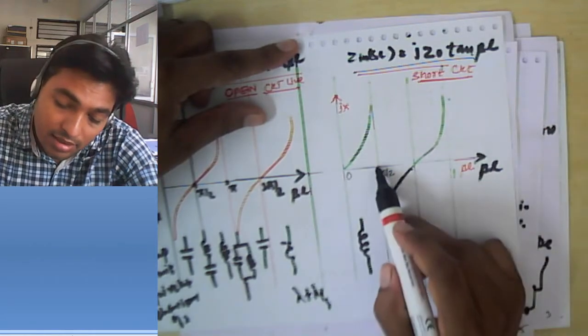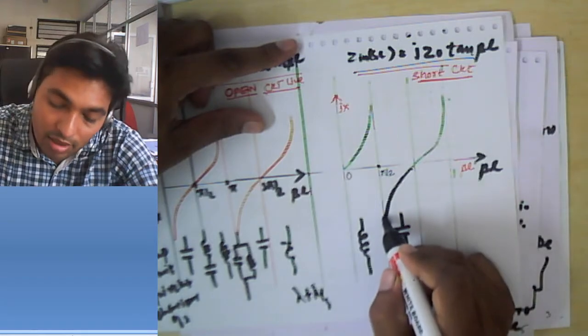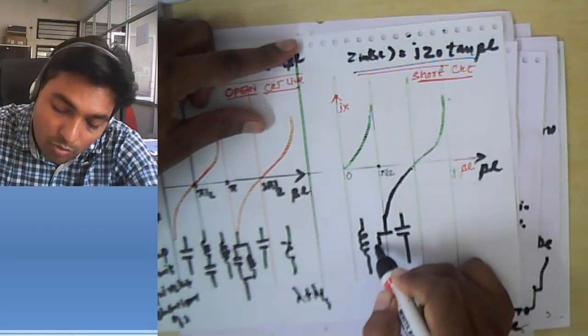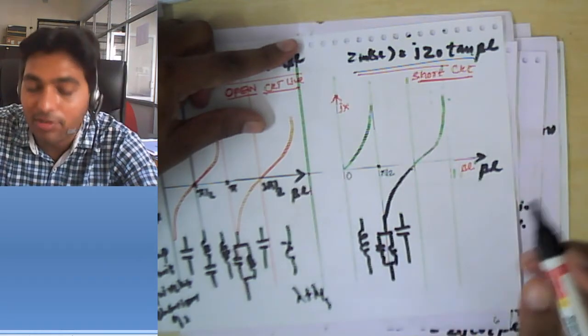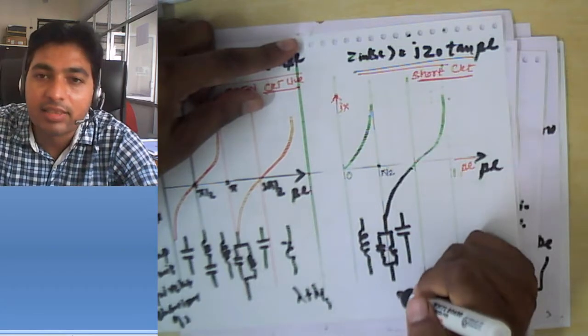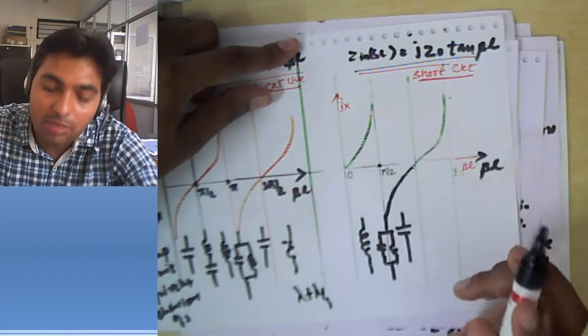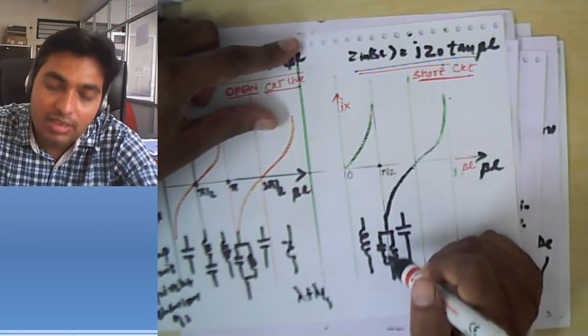At length equal to lambda by 4, the circuit equivalent model, as we have already discussed, will be a parallel RLC or parallel LC circuit, or you can say a tank circuit, because the impedance will be infinity, or very high impedance.